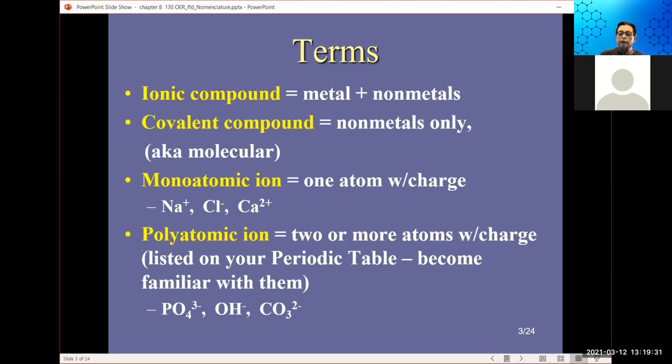And then, of course, we have the polyatomic ions. These are groups, a packet that we keep together. Those are in that table of the periodic table. First one's a sulfate with its corresponding -2. The OH, which is the hydroxide, the CO3 -2, is the carbonate.